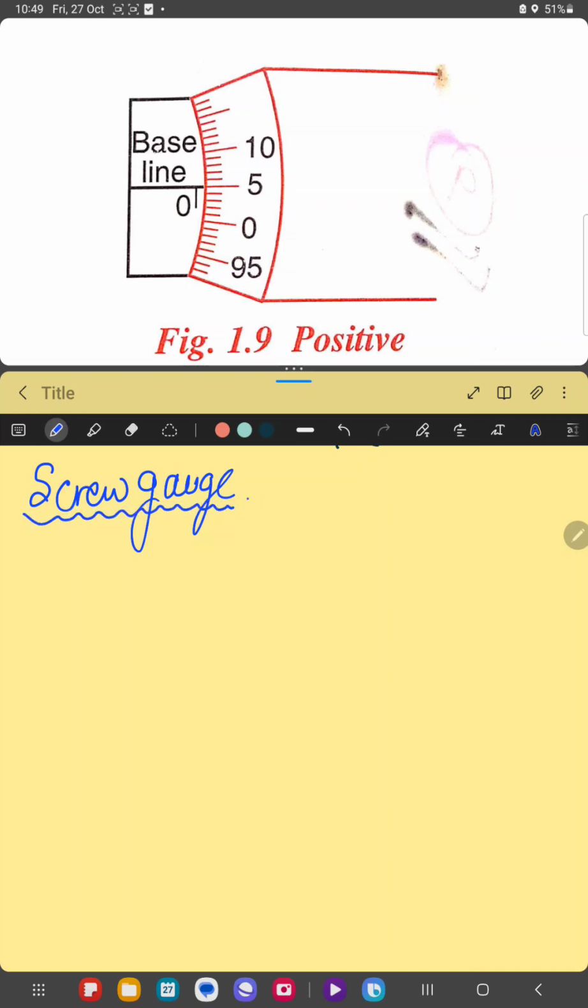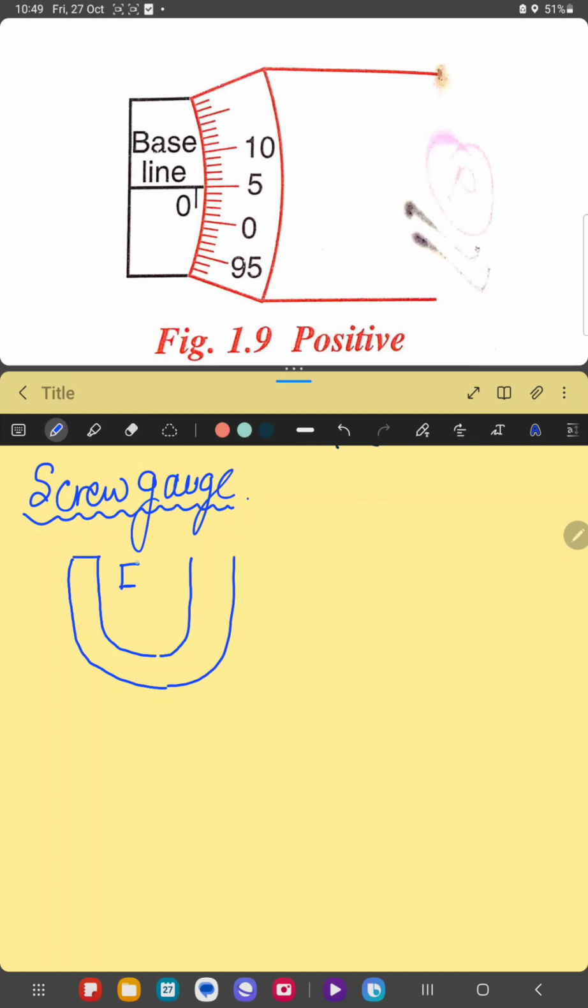Now the basic structure of the screw gauge, as you have seen in figure 1.9 on the slide above. Let me quickly draw the shape of it. This is a U-shaped frame.